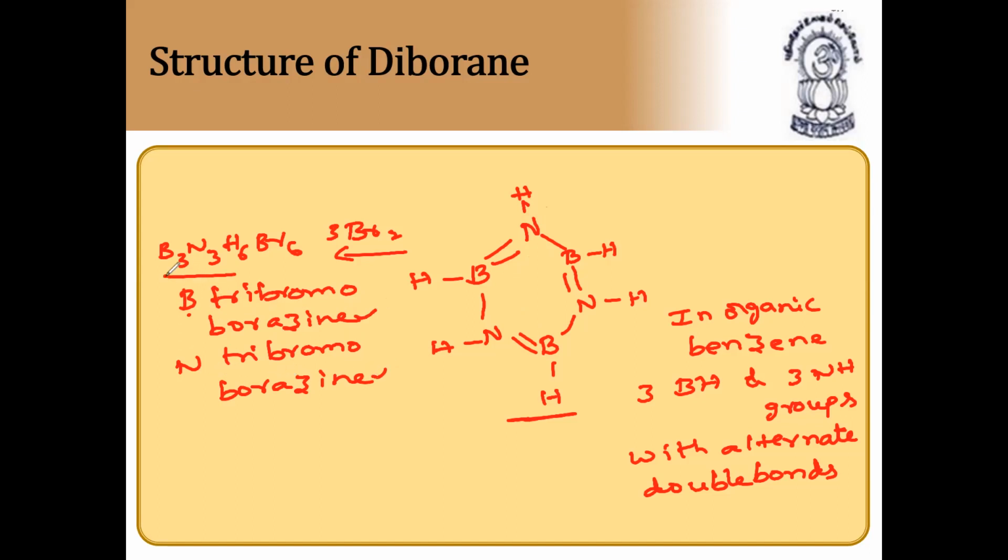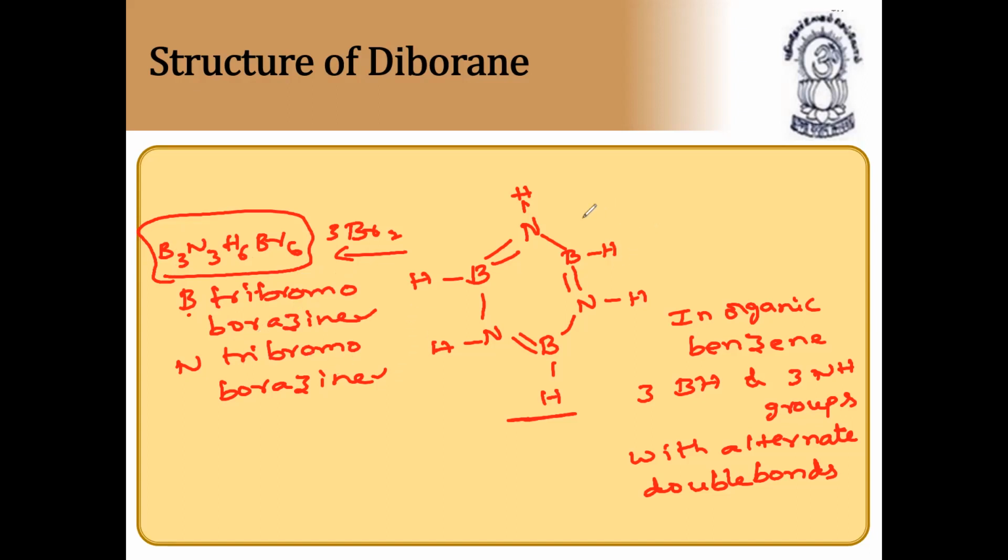So the formula of this compound is B3N3H6Br6. Very, very important. So borazine on reaction with 3 moles of bromine molecule forms B-tribromoborazine, N-tribromoborazine.